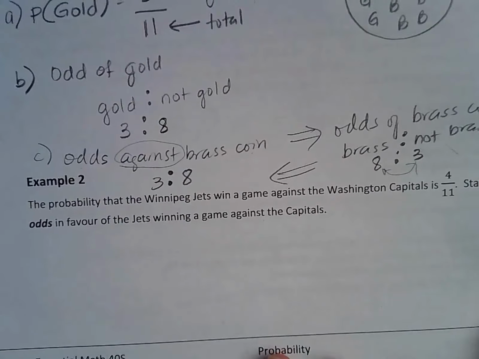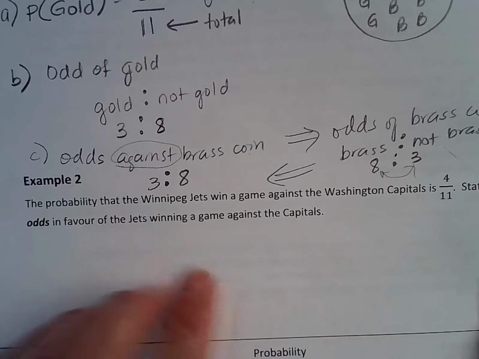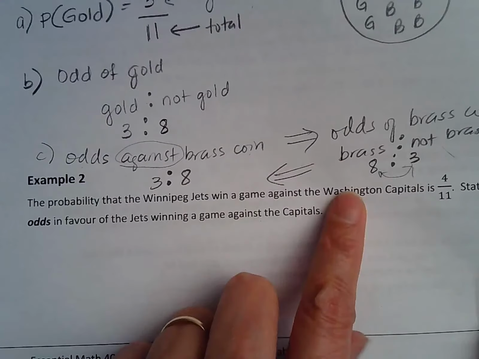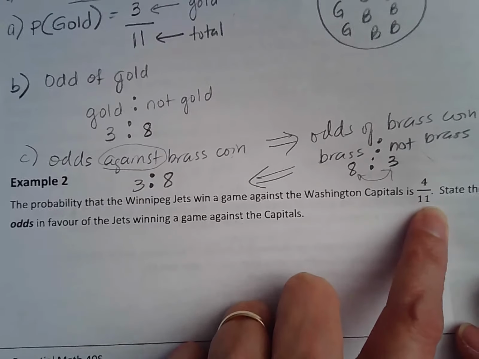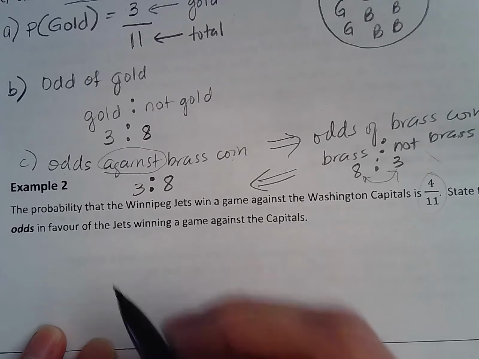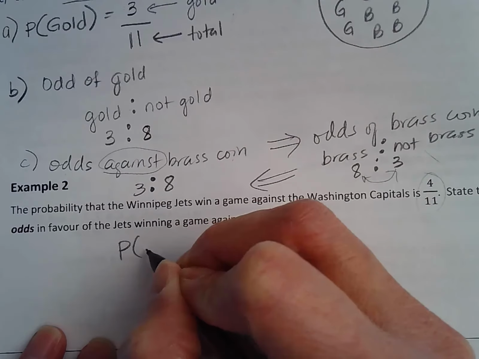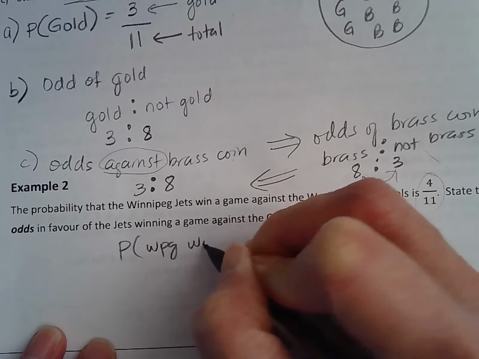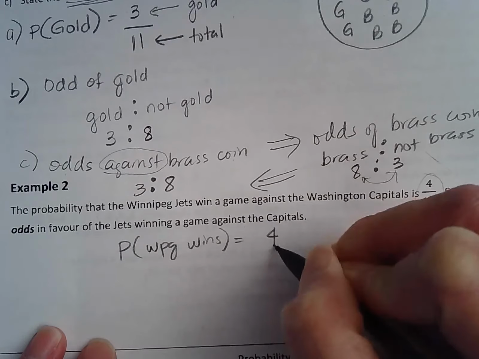Let's take a look at example number 2. The probability that the Winnipeg Jets will win a game against the Washington Capitals is 4 is to 11. So let's interpret that one for a second. Probability of winning, Winnipeg wins, is 4 out of 11.